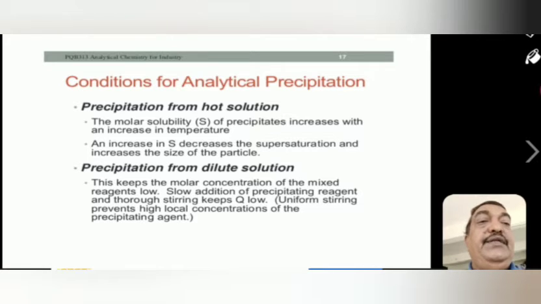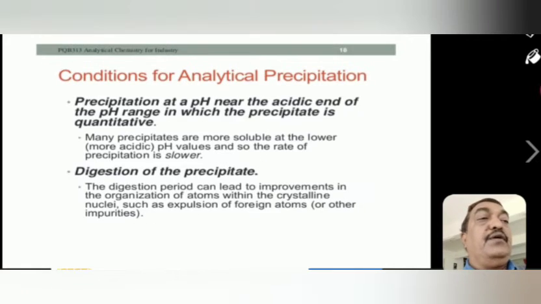Then precipitation from dilute solution. The precipitation of ions of either calcium or barium or iron, as I have told you, can be done in dilute condition rather than in concentrated condition. So the dilute solution is more preferably useful for the precipitation. Then conditions for analytical precipitation.